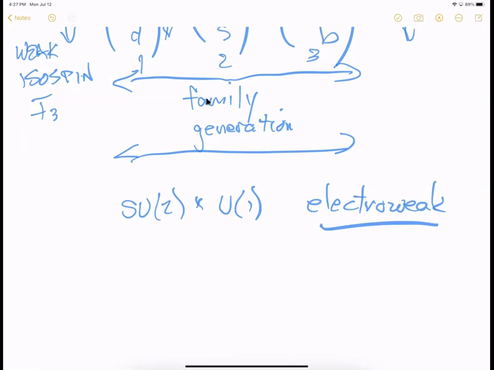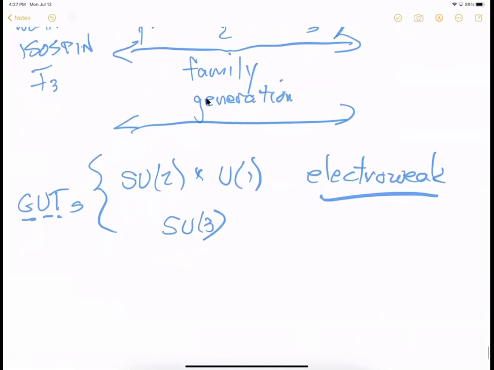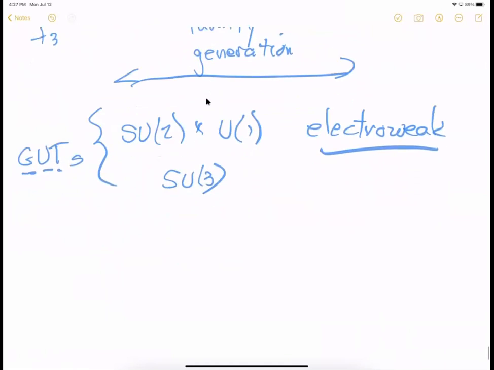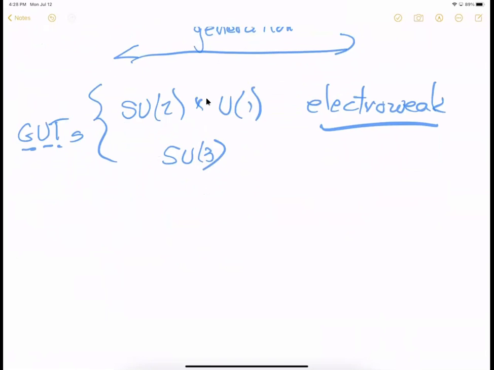So theories that unify SU3 are called GUTs, Grand Unified Theories. And there were a lot of those. There are lots of ways to put all of these in a common group.